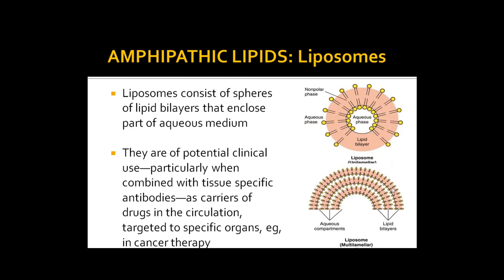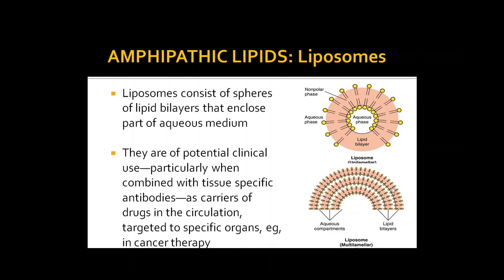Liposomes are another type of structures formed by amphipathic lipids. These consist of spheres of lipid bilayers, which enclose part of the aqueous medium, as you can see in the figure also. They are of potential clinical use, particularly when combined with tissue-specific antibodies.